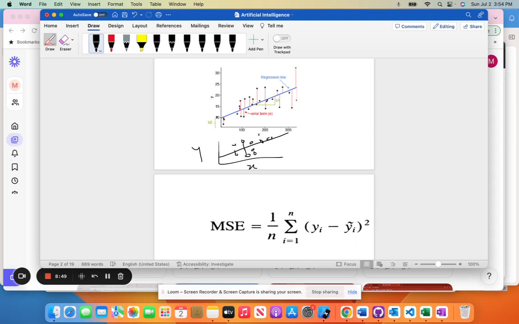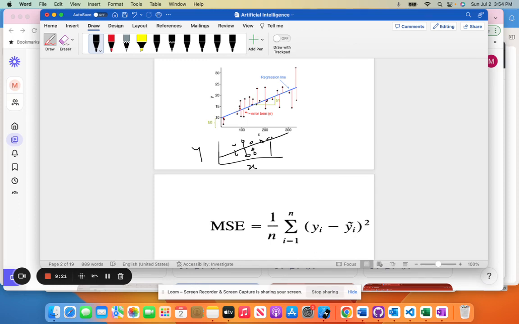There are some points, and when we draw a line, the points are away from the regression line. As I said, this is simple linear regression, one independent variable and one dependent variable. Over here, this point has some gap from the line, and also here there is a line but here is a point.